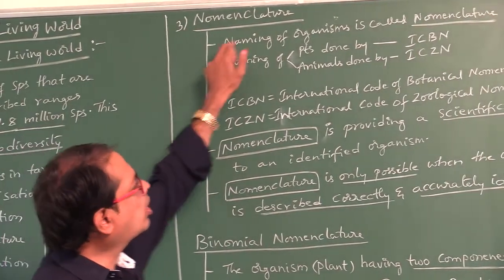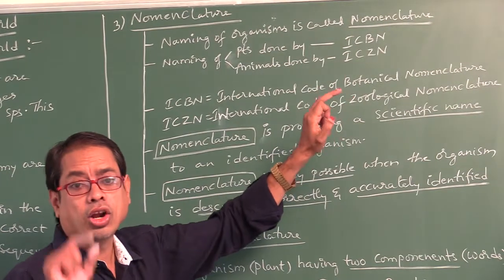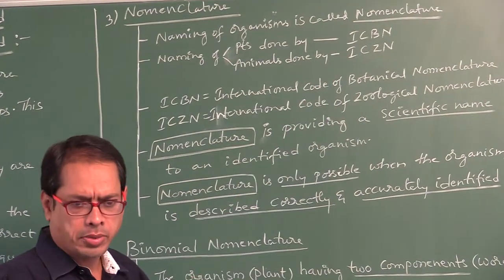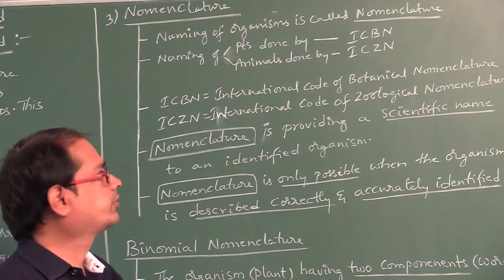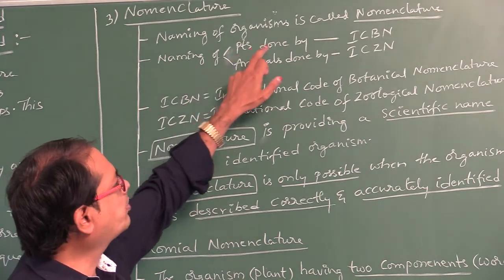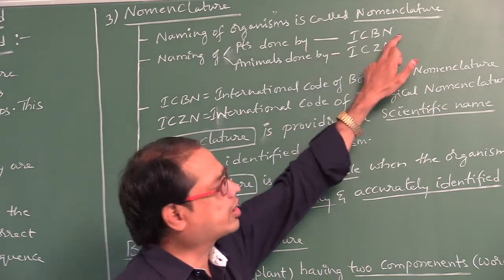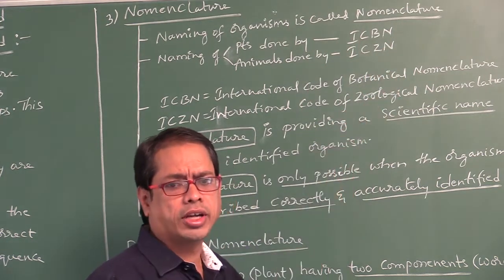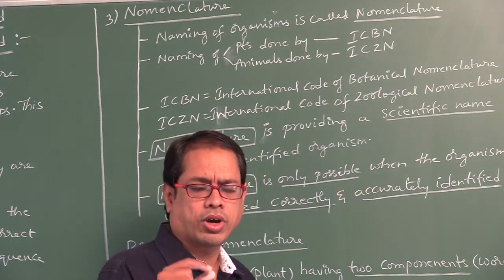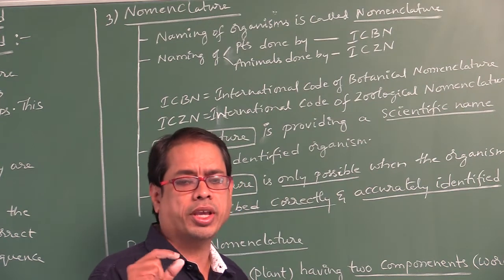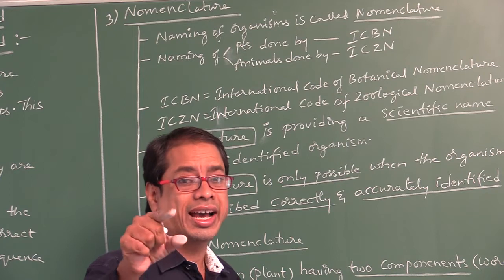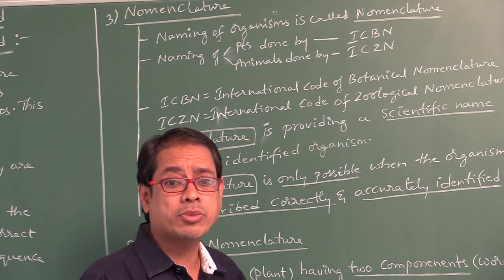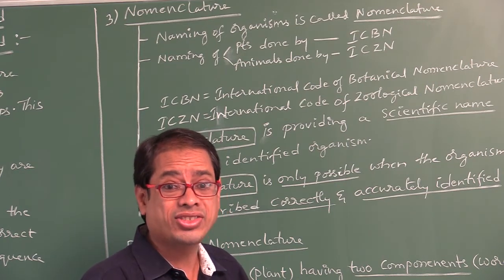Naming of organisms is called nomenclature, whether it is a plant or an animal. Naming of plants is done by ICBN. Name of the animal is given by ICZN.